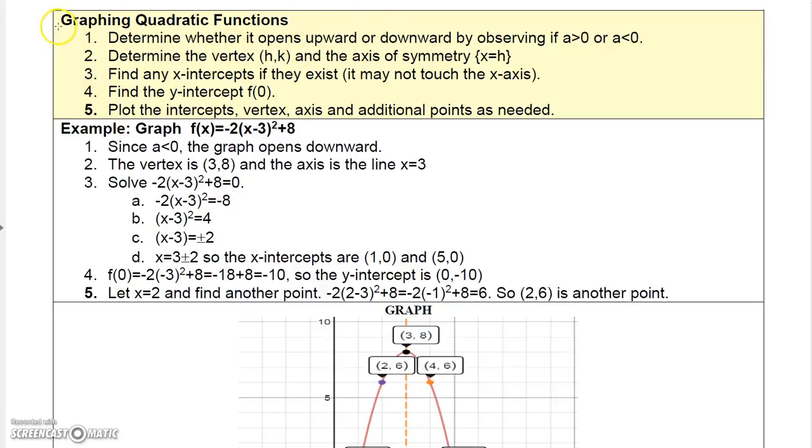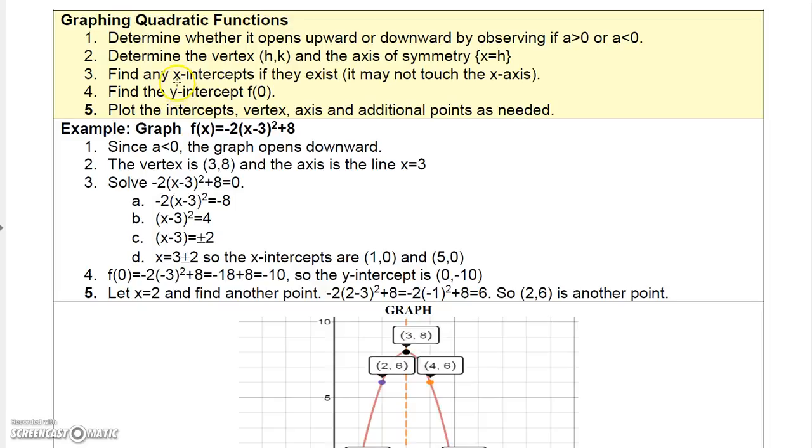Okay, so when you're graphing quadratic functions, the things you need to look for are: determine whether it opens upward or downward by looking at a, and then find the vertex and the axis of symmetry.